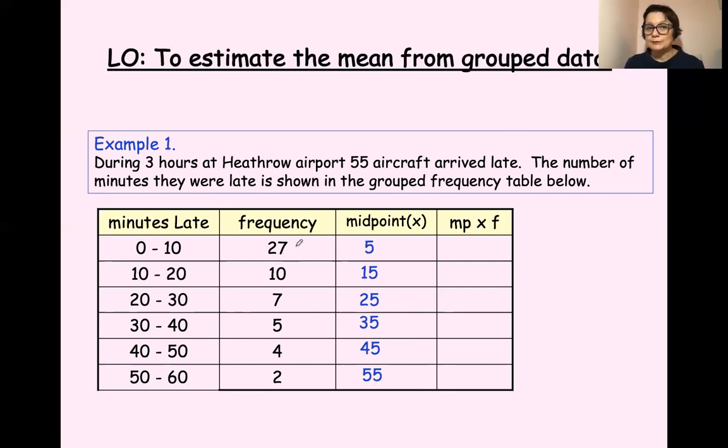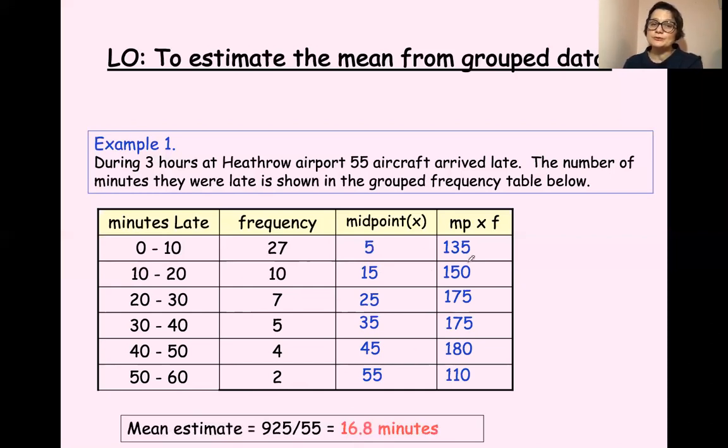So we multiply the frequency by the midpoint of each class. 27 times 5 is 135, 10 times 15 is 150, 7 times 25 is 175, 5 times 35 is 175 again, 4 times 45 is 180, 2 times 55 is 110.